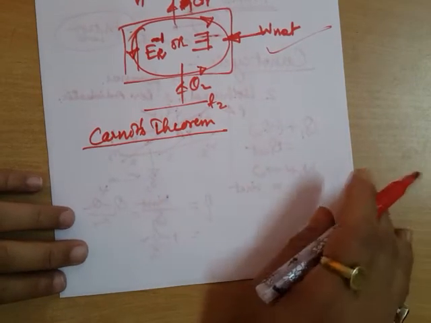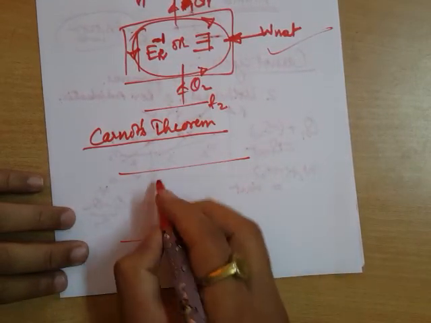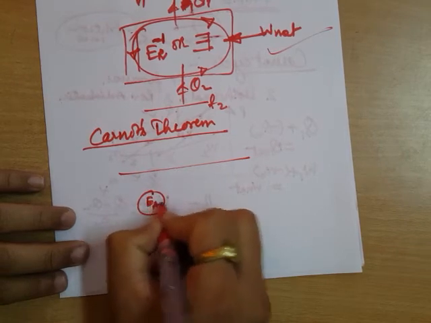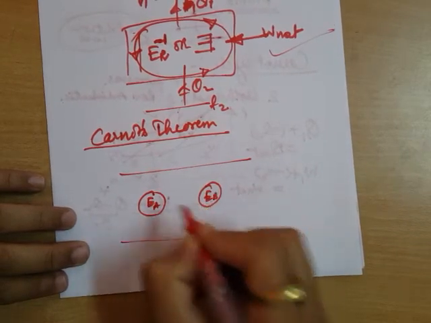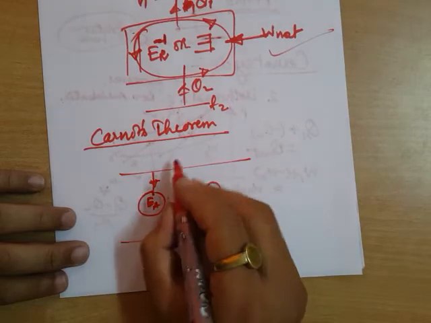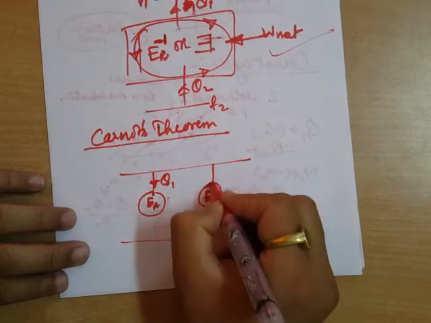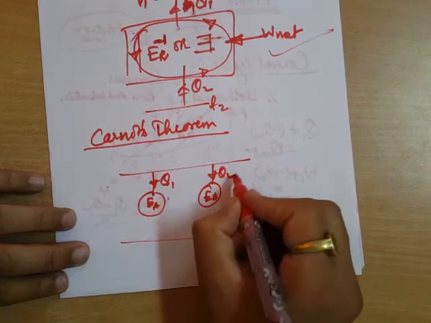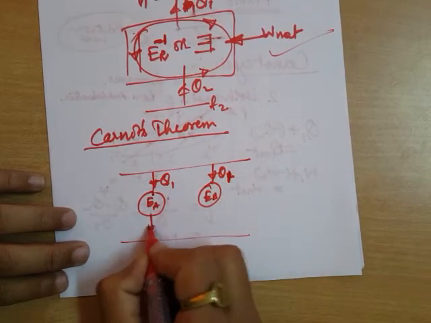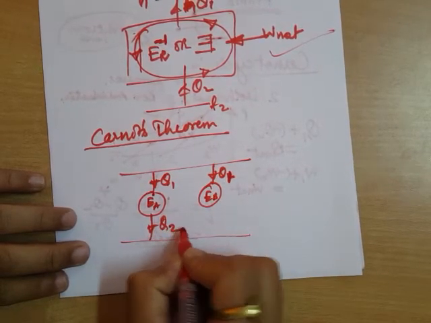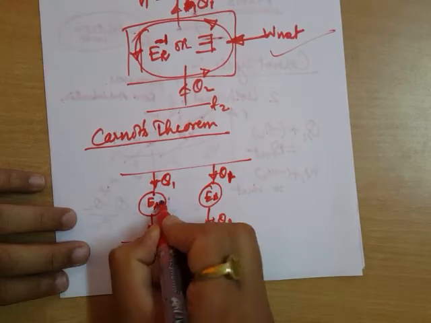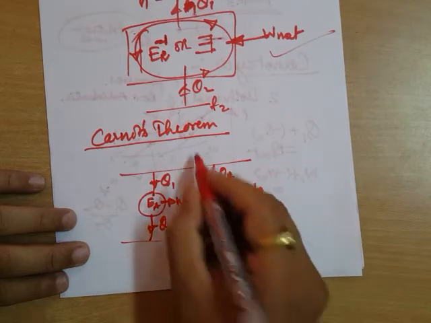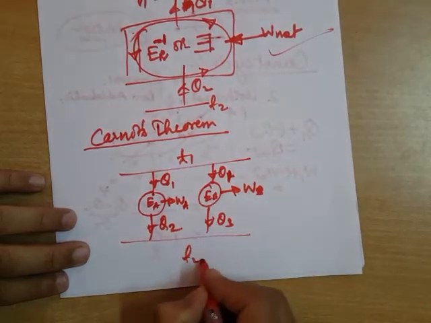It says if you have two engines, EA and EB, and they are taking the same amount of heat, Q1, and they are rejecting some amount of heat, say Q2 and Q3. This is developing some work WA, and this is developing some work WB. This is at temperature T1, this is at temperature T2.